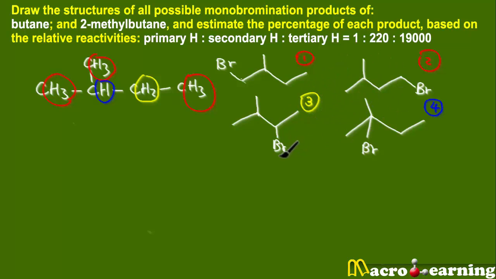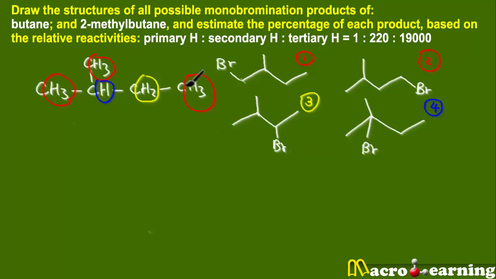That's it. And to calculate their percentages of these products, we'll take into account the relative reactivities of all the different hydrogens, and we'll need to take into account the numbers, how many of each different hydrogen there are, right?